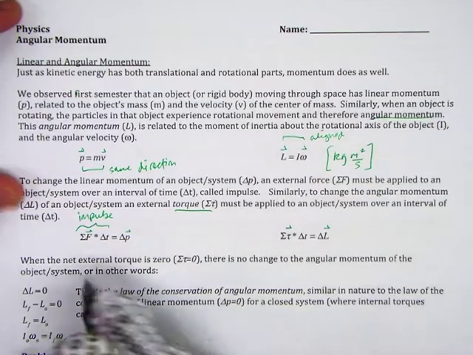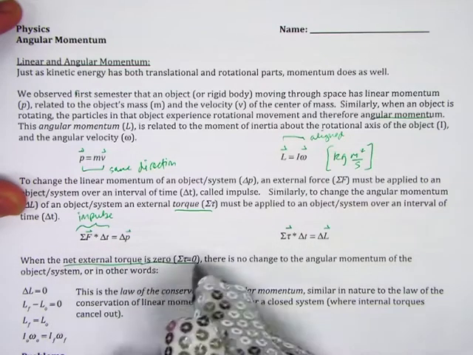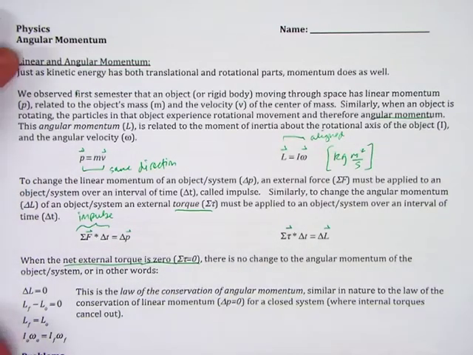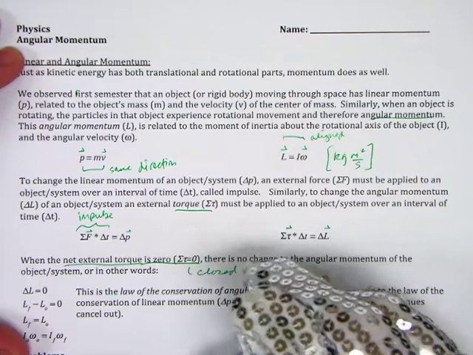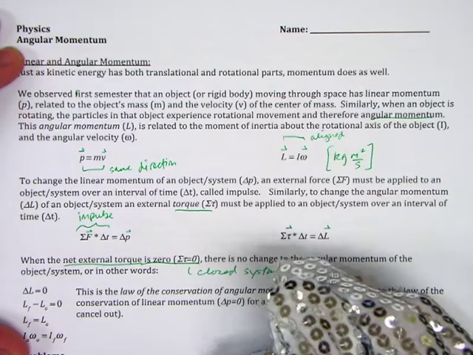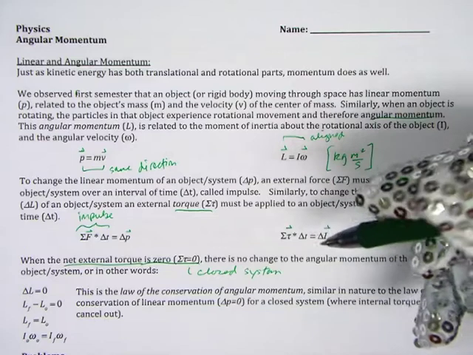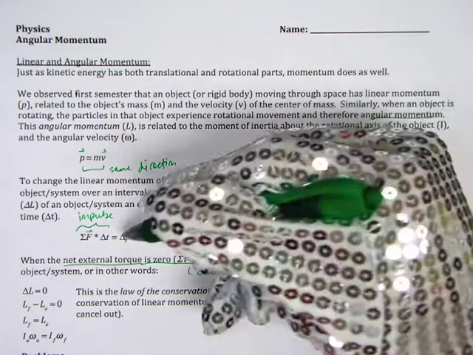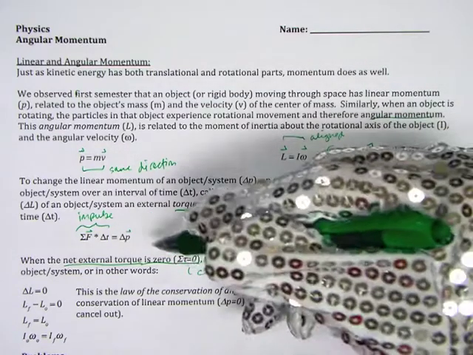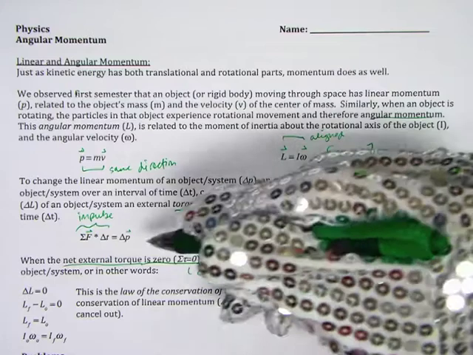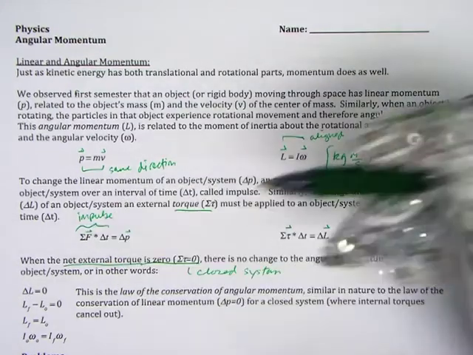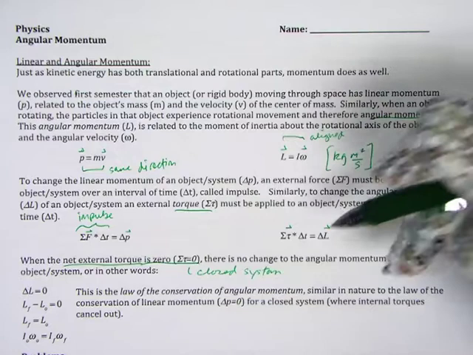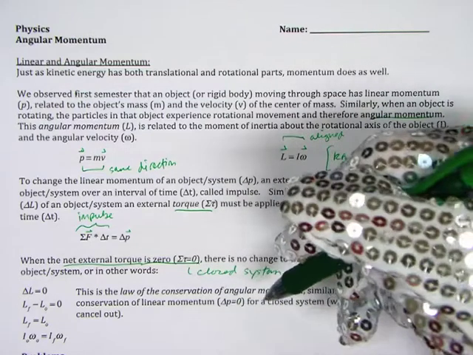Now, what if the net external torque on a system is zero? This would be what we would consider a closed system. All torques are internal. So when we have a closed system, just like we did in linear momentum, the internal forces did not cause a change to the momentum of the system, since the sum of the external torques in that case would be zero. Same thing when the sum of the external torques is zero.